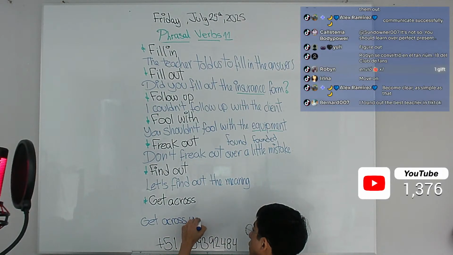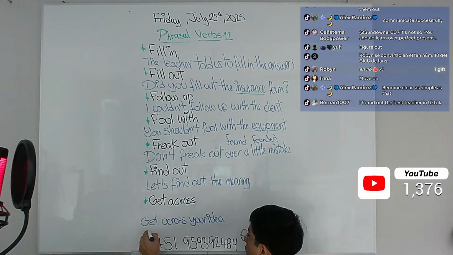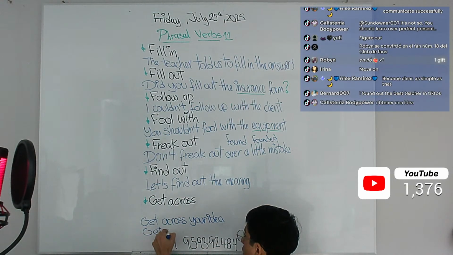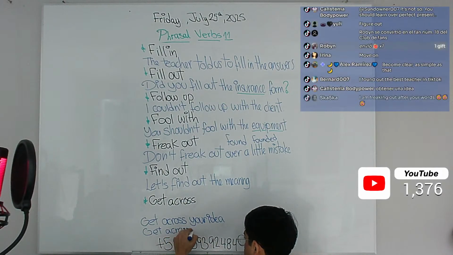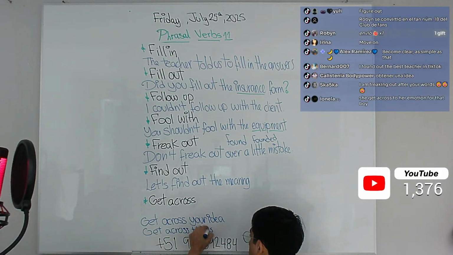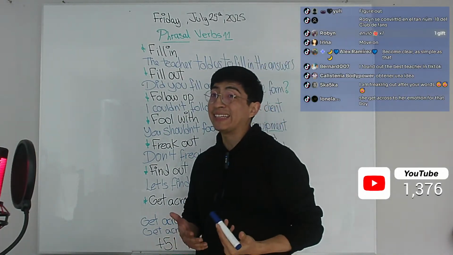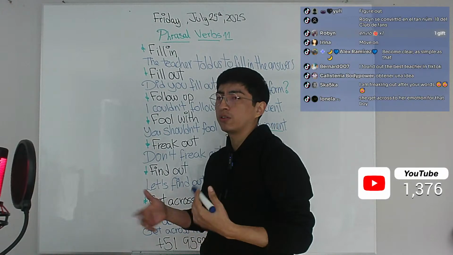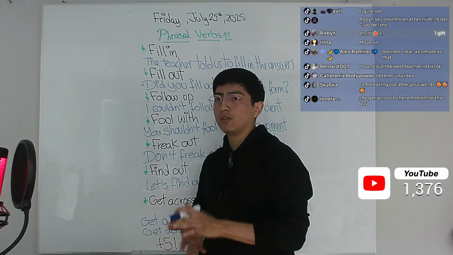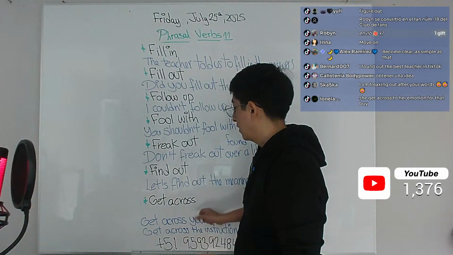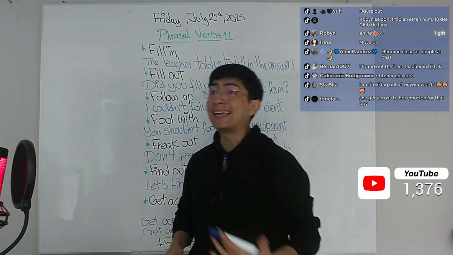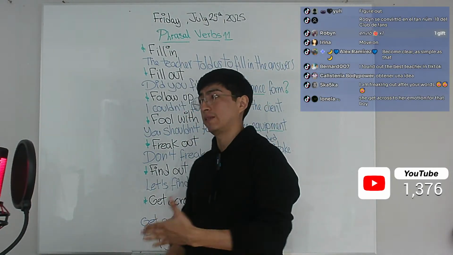Get across your idea or get across the instructions. So the message is clear. Everyone can understand this. This is also a very technical word because you can have other options to say that. Maybe you can say, he got across his idea during the debate.